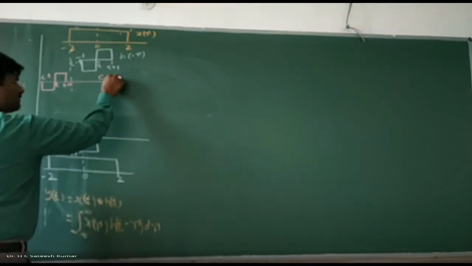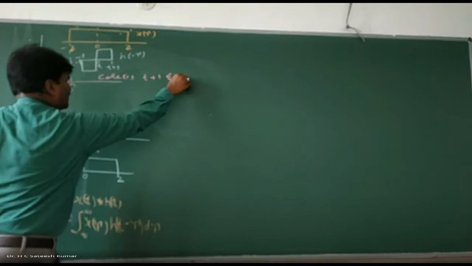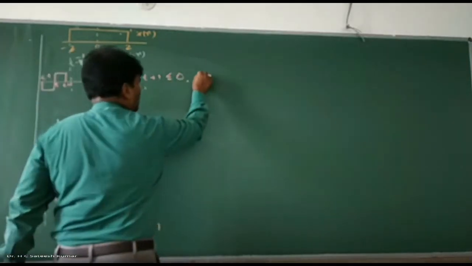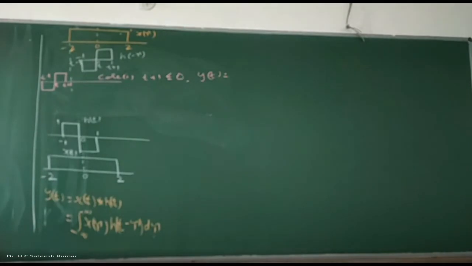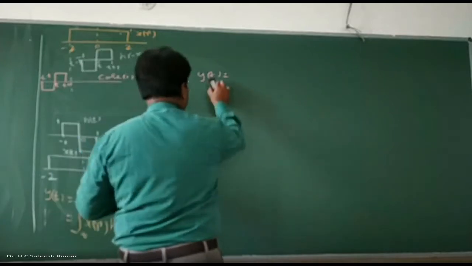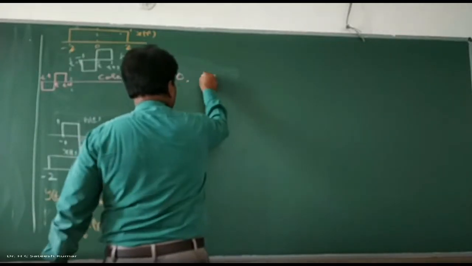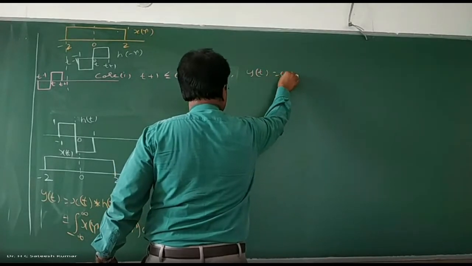Case 1, t plus 1 less than or equal to 0, or t less than or equal to minus 1. y of t is equal to 0. That is the first one.